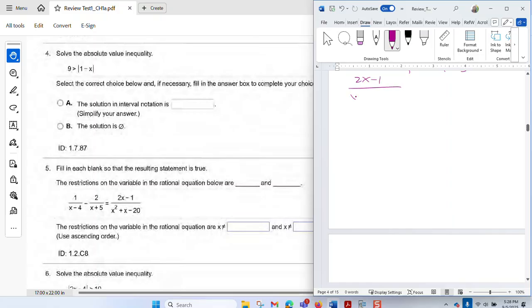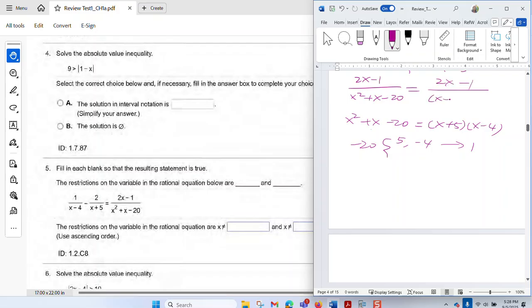If you factor x squared plus x minus 20, the 20 you can factor into two numbers, 5 and negative 4. 5 times negative 4 gives you negative 20, and 5 plus negative 4 gives you positive 1x. So I can factor this into x plus 5 and x minus 4. This denominator will be 2x minus 1, x plus 5, x minus 4.